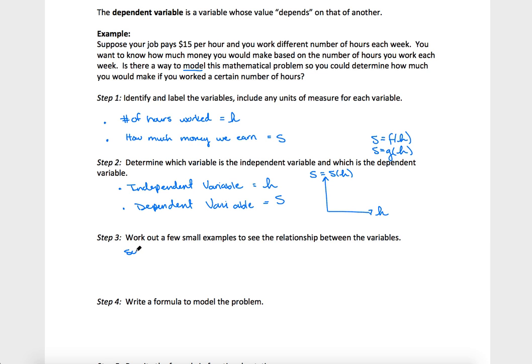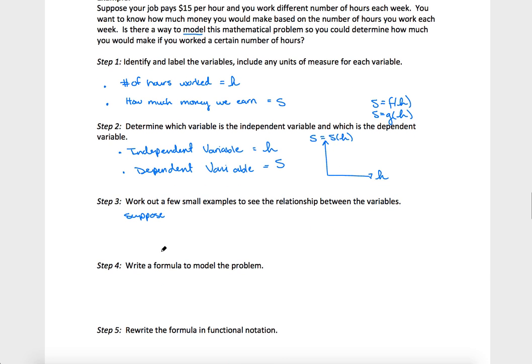So let's suppose that we work 10 hours. Then what is the money that we earn? So what is S going to be? Okay, let's work this out.